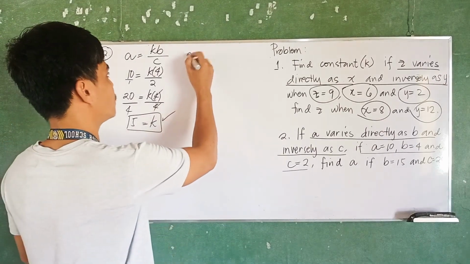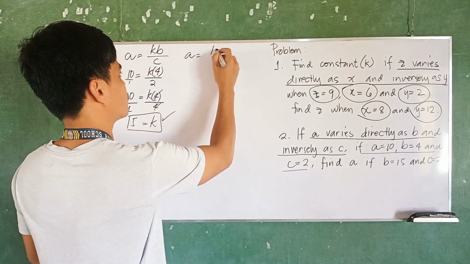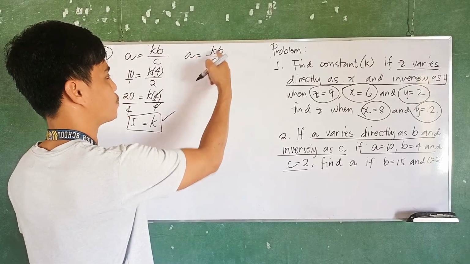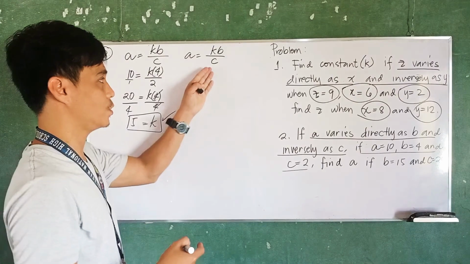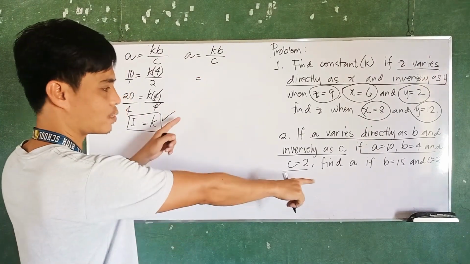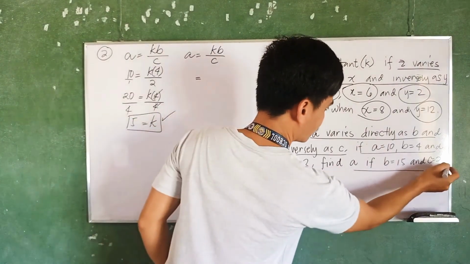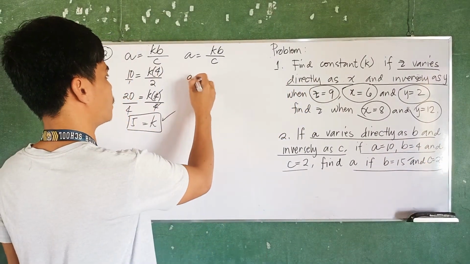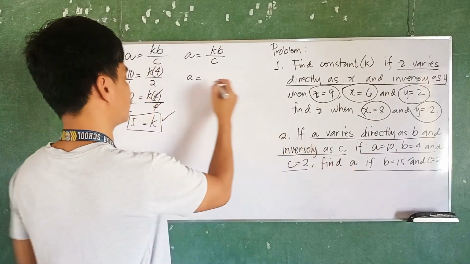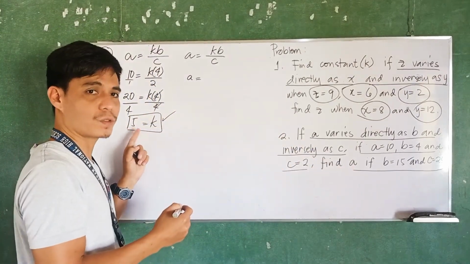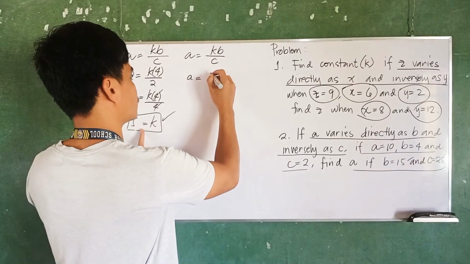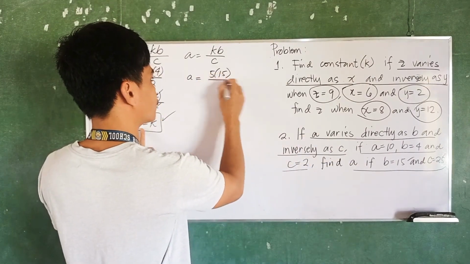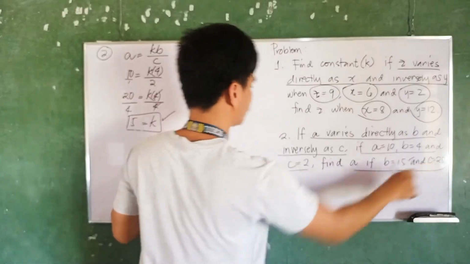So therefore, we have A is equal to KB over C. Your A varies directly as B and inversely as your C. Okay, substituting the second given here, your B is 15 and C is 25. So your A is missing. And your K value is 5, which we have computed a while ago. So this is 5 multiplied to your B, which is 15, over your C is 25.